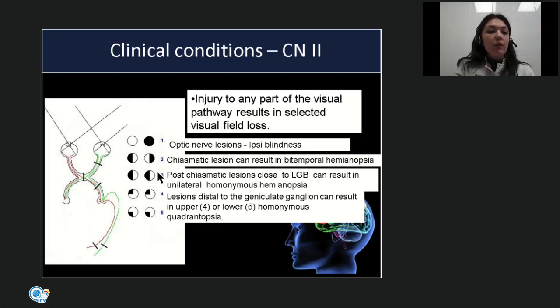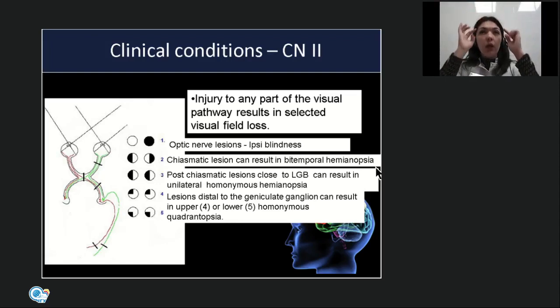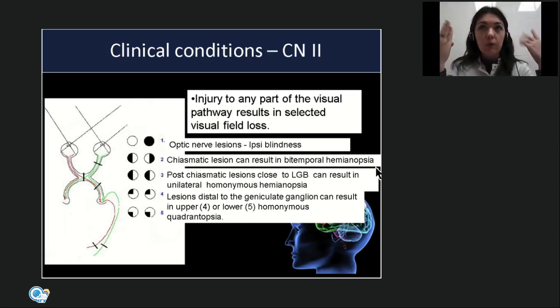If there is a chiasmatic lesion, then it can result in bitemporal hemianopsia. So this person has a tunnel-like vision. What does it mean? He sees very well what is in front of him because the lateral parts of the retina do not suffer, yes? Impulses from the lateral part of the retina successfully reach the cortical center.